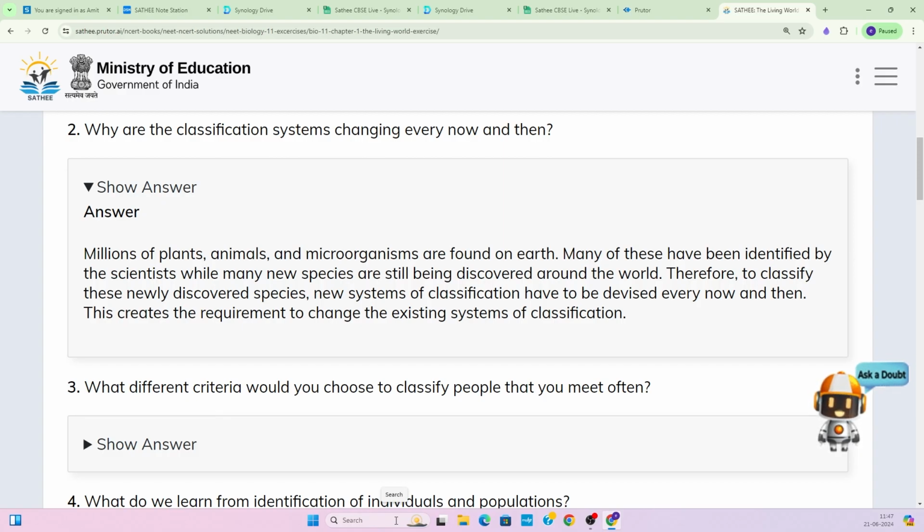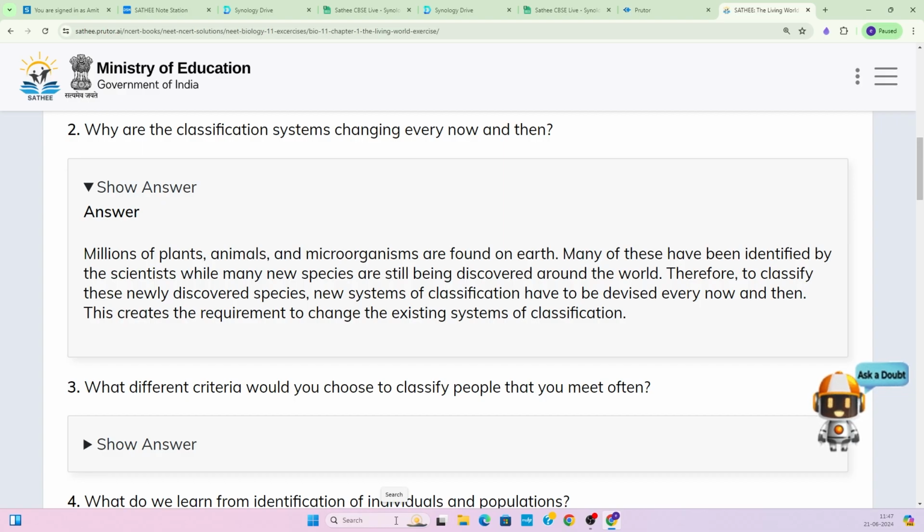We are using cellular-based taxonomy, because nowadays these characteristic-based taxonomies have been developed as the technology has reached an advanced stage. So this creates the requirement to change the existing systems of classification, right? It is more precise to give the classification on the basis of the new technology rather than adapting the previous one.